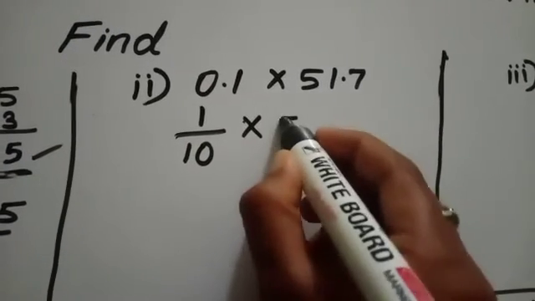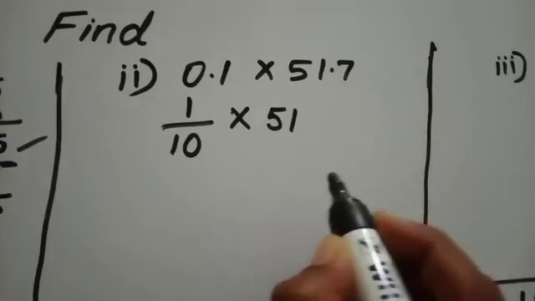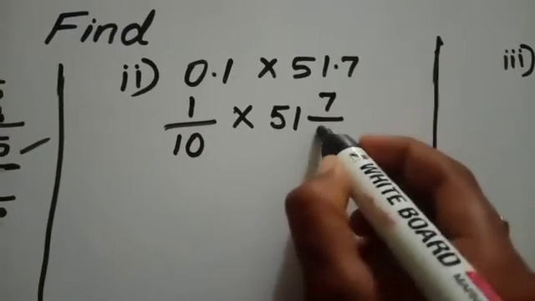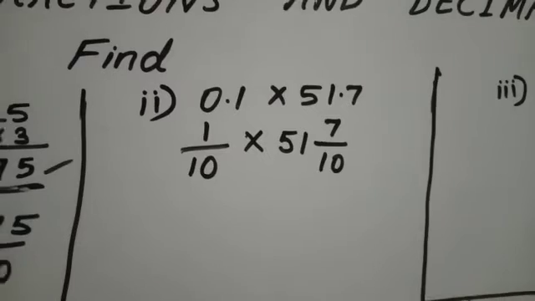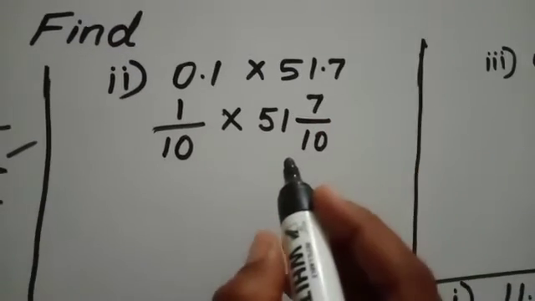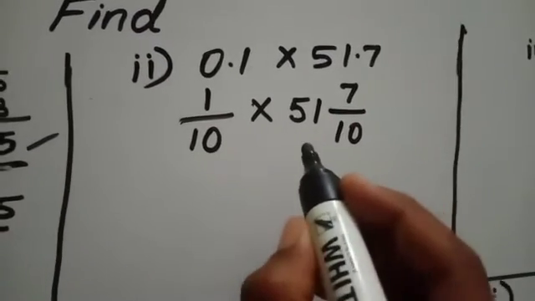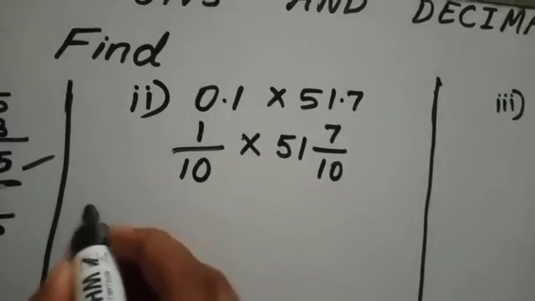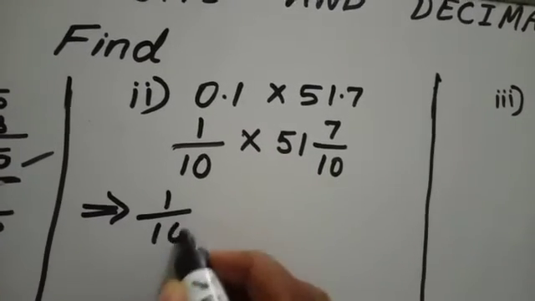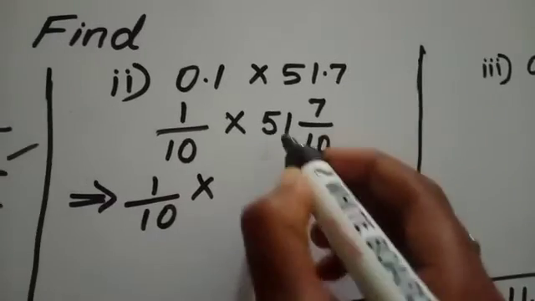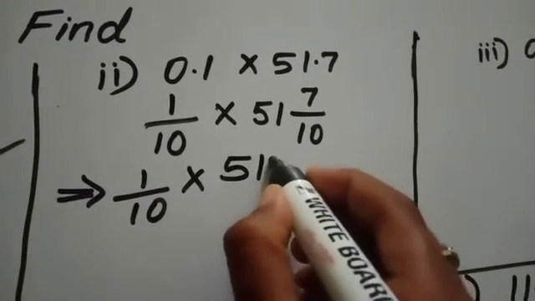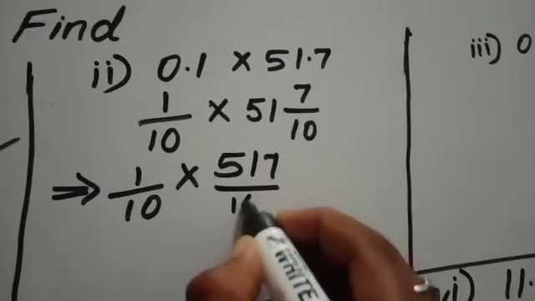Now 51 we can write as a whole number. Then 0.7 can be written in the form of 7 upon 10. Again we have got that mixed fraction. So let us convert into improper fraction. Now 1 upon 10 write as it is. 51 10s are 510 plus 7, 517.